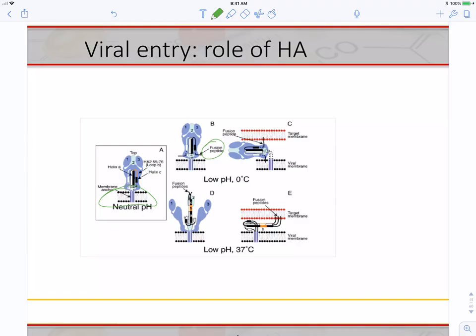When we have a low pH, we have a rearrangement of hemagglutinin, which releases the inside part of the protein and exposes the fusion peptides. At this point the fusion peptides are extended out to the target membrane. The other part of the protein is still attached to the viral membrane, and this proximity causes the fusion. So hemagglutinin is crucial for viral entry.